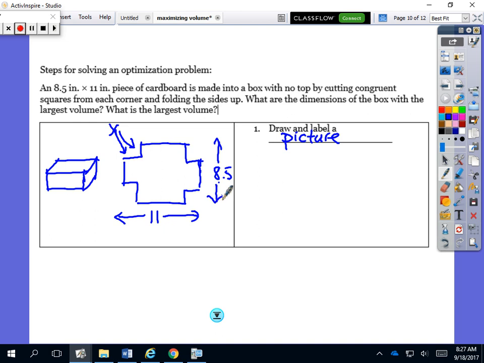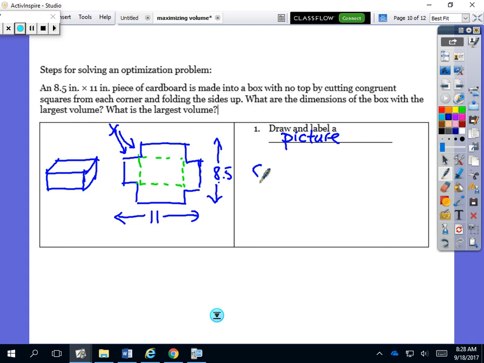So what would the new length and width be after I cut out the corners and made the box? Well, if it was 8.5 and I cut x and x out, 2 times x is just 2x.